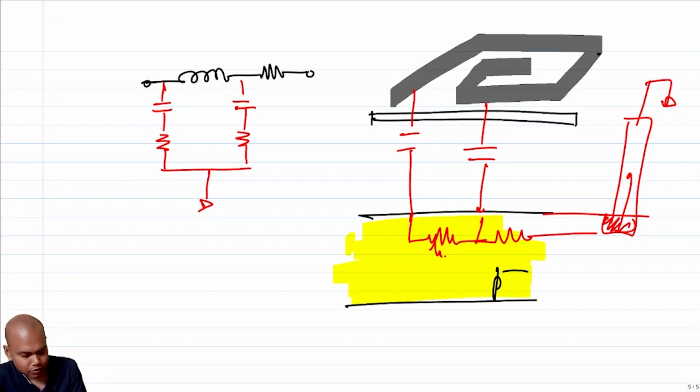Now what is the source of this resistance? This resistance is essentially the resistivity of the p-type material. So if I want to reduce that loss, what can I do? I can say that instead of putting a p-type material there, I can put a metal 1 sheet underneath, right?